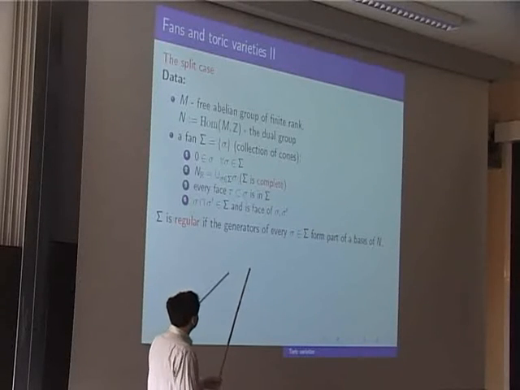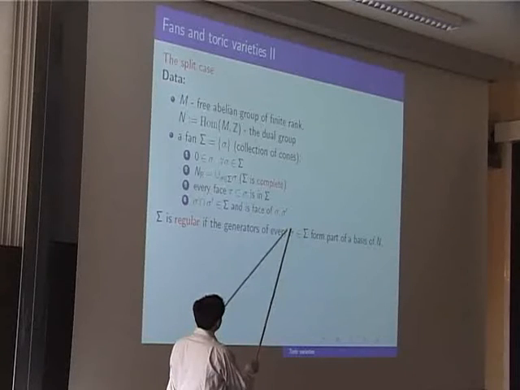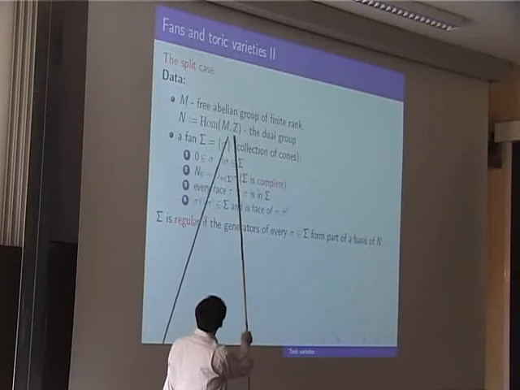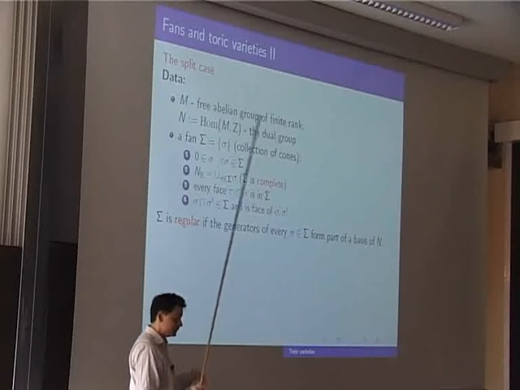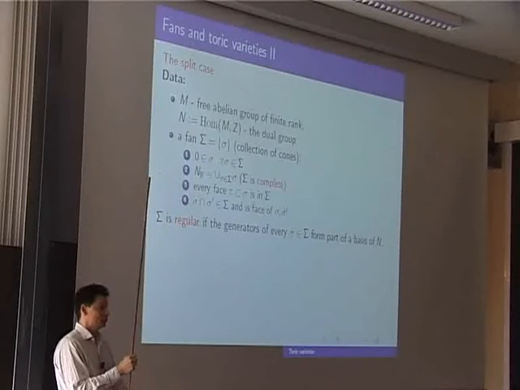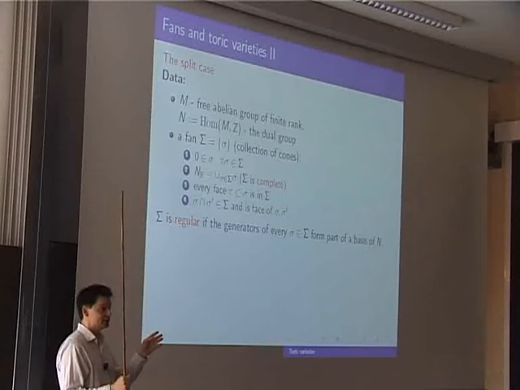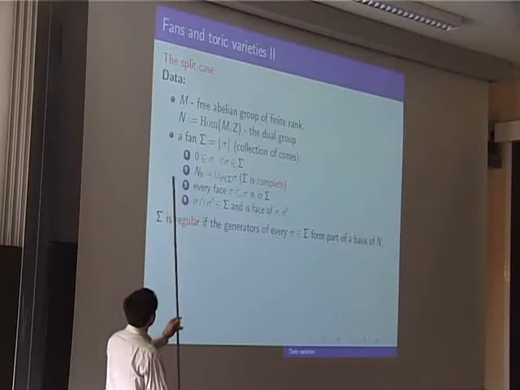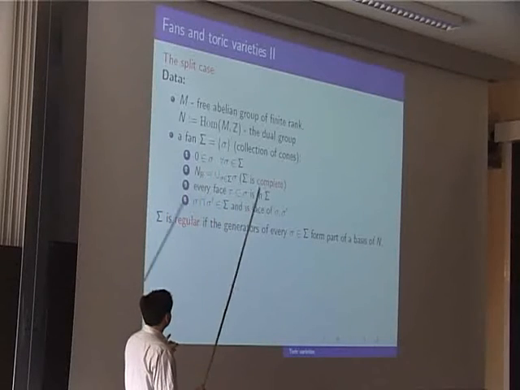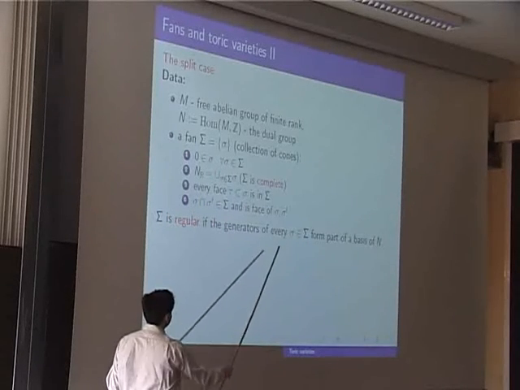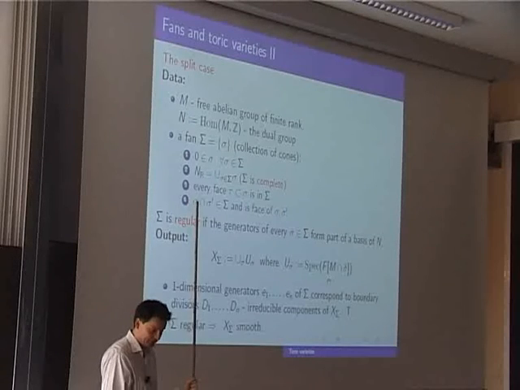Just a notation: if you can extend generators of every cone in this fan to a basis of the whole lattice. So we have a lattice in place, and then you have a real vector space. The cones here we think of as being generated by lattice vectors. That's essential, and we want every cone to be generated by part of a basis.